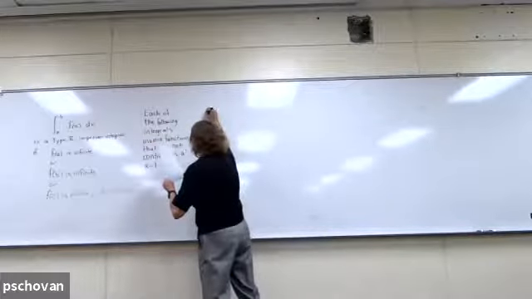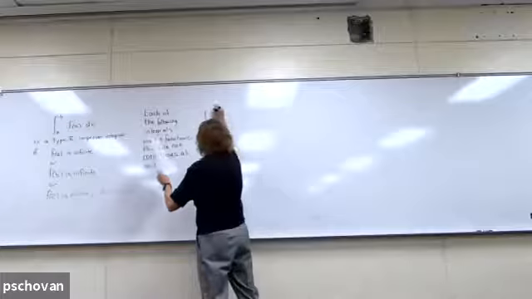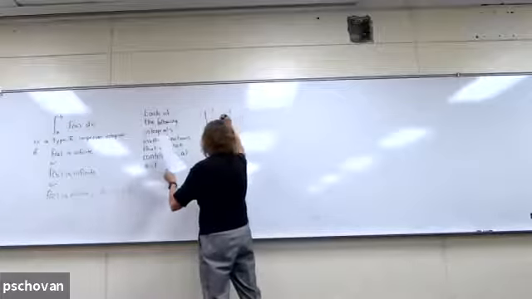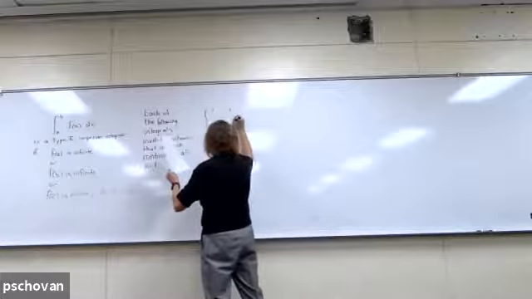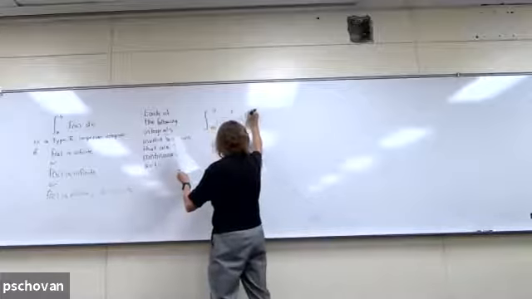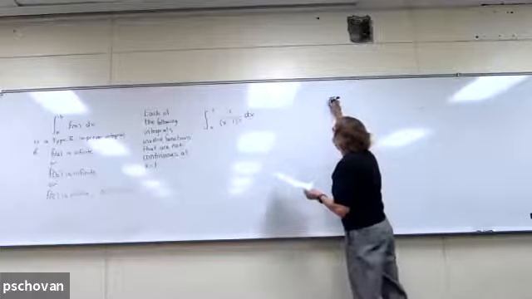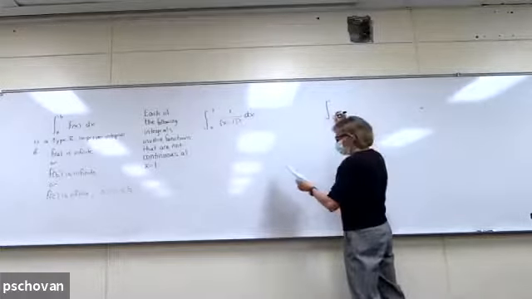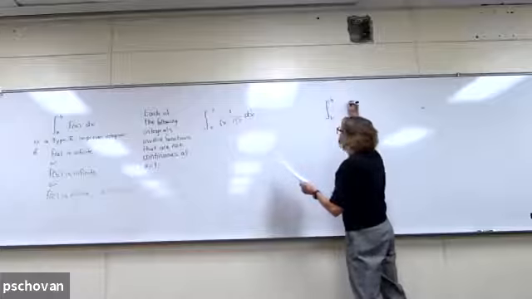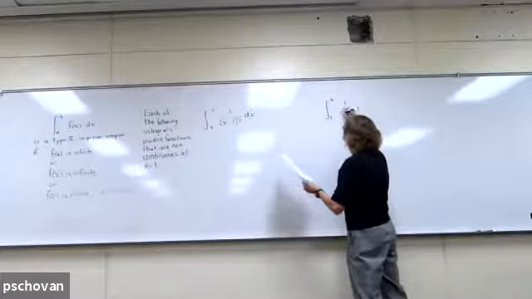The first one is the integral from 0 to 1 of 1 over (x minus 1) to the 1/3. The second one is the integral from 1 to 4 of 1 over x minus 1.